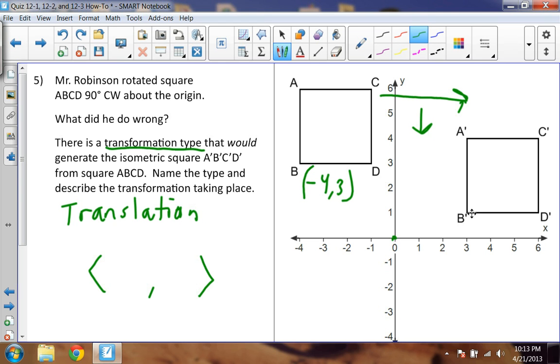B prime is at 3, 1. So going from -4 to 3, that was 7 units. So I went positive 7 units in the x direction to the right. And going down from 3 to 1, I went down 2 units. So that's a -2. So your answer should say something like this, or x shifted 7 units to the right and y shifted 2 units down, something like that.